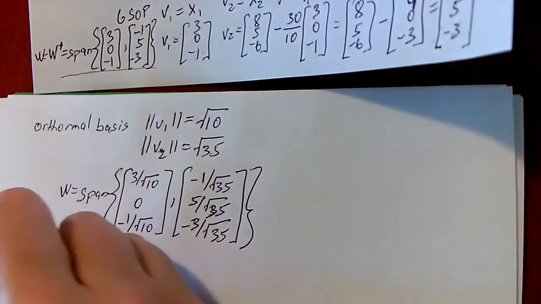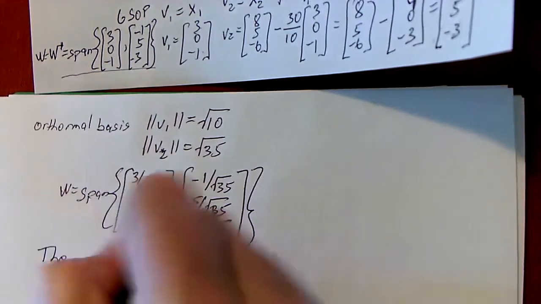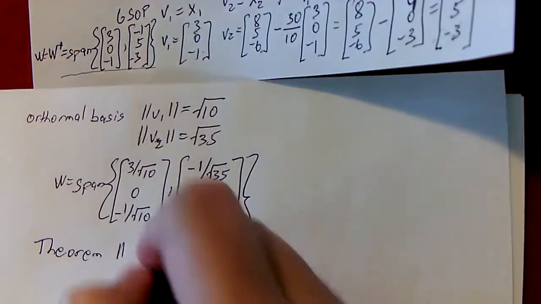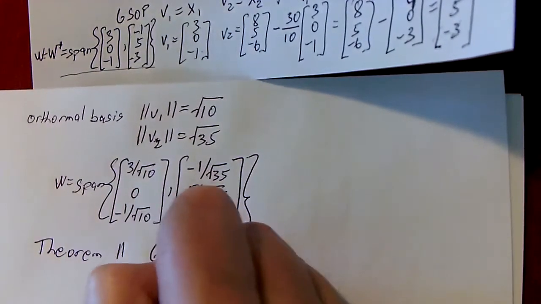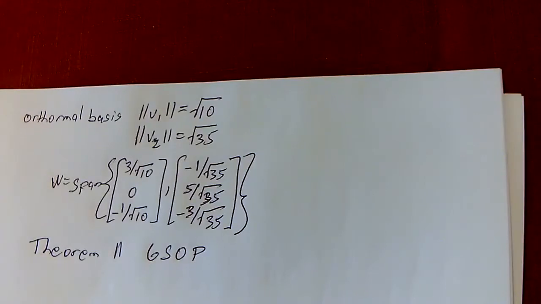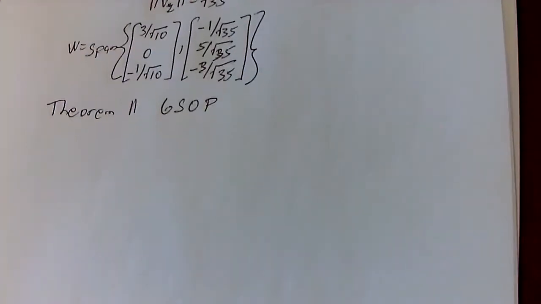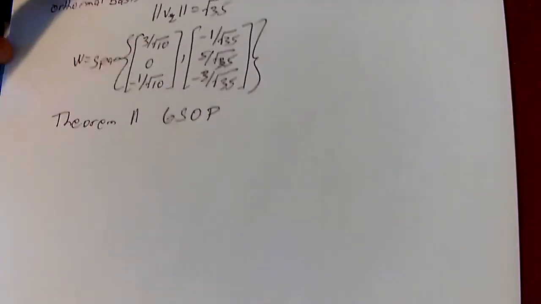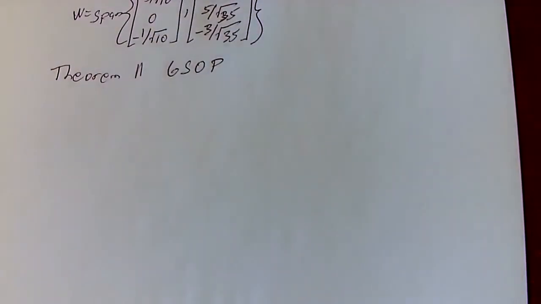Okay, this will be Theorem 11. Theorem 11 is just our GSOP, our Gram-Schmidt orthogonalization process. Okay, I'm not going to write out those words. It's, you know, a lot of characters in there. Gram-Schmidt orthogonalization process, the GSOP.